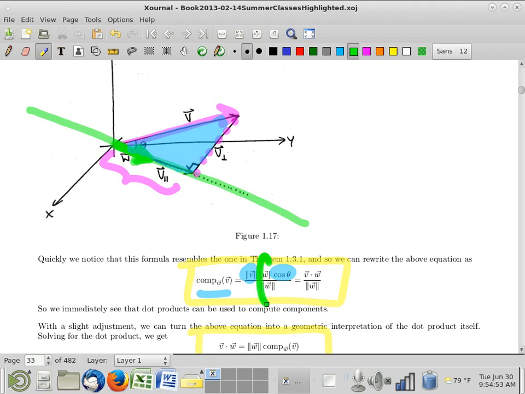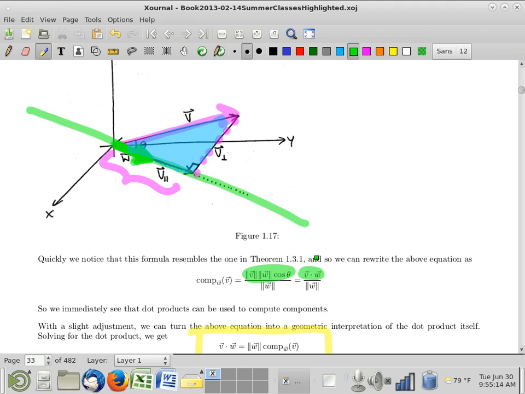Now I am going to multiply and divide by the magnitude of W. That's perfectly free, right? Algebraically, multiply and divide by the same thing. Nothing happened. So we do that, and what we note is that the numerator becomes exactly the dot product that we just got through talking about.